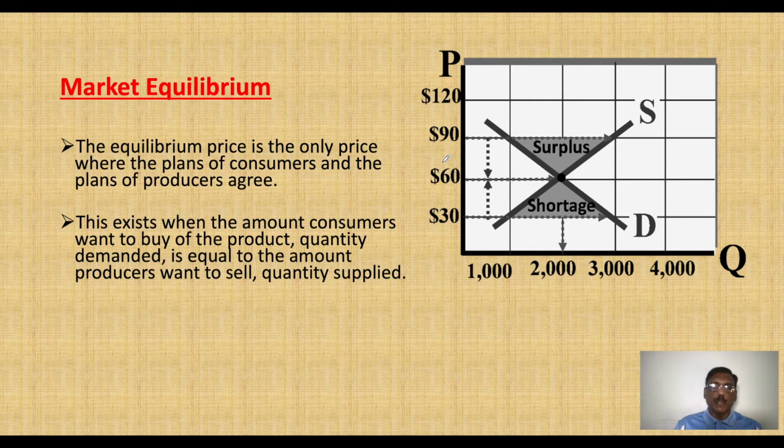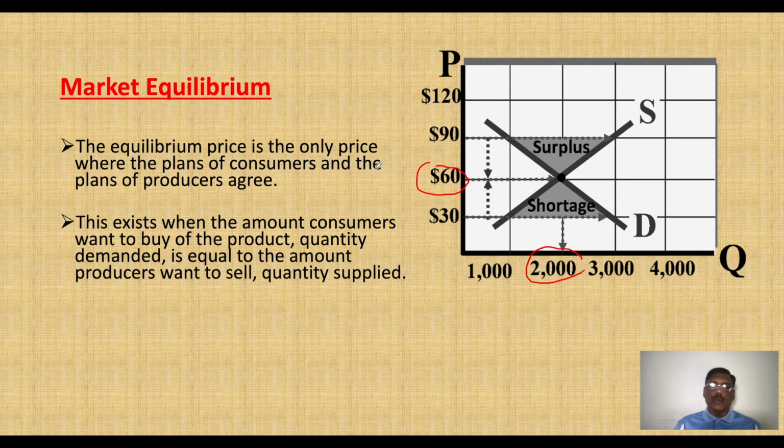This will become the equilibrium price, and this will become the equilibrium quantity. Now, when we say equilibrium, the number of people willing to pay for this quantity of goods at this price and the number of people willing to sell at this price are equal. So there will be no surplus or shortage.